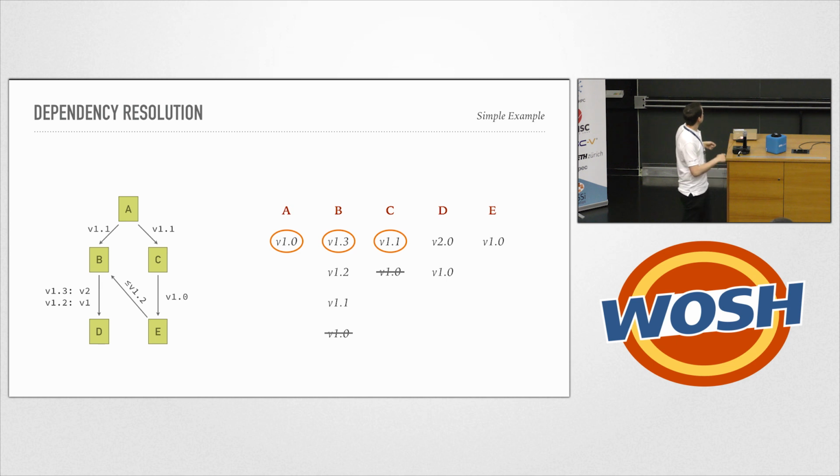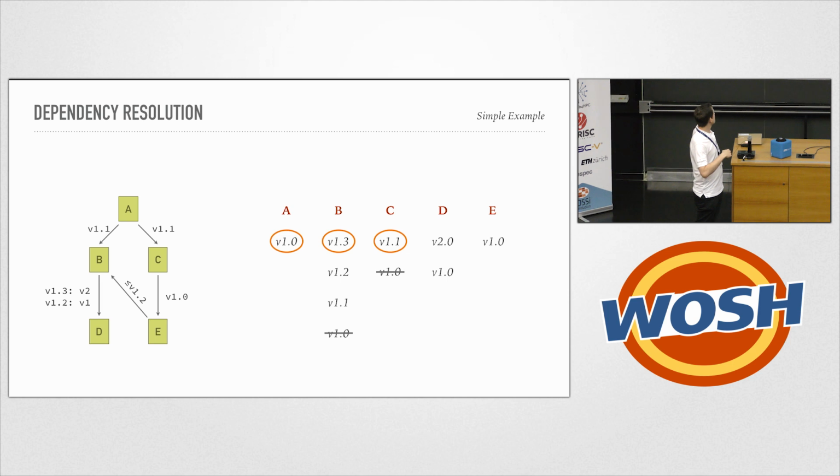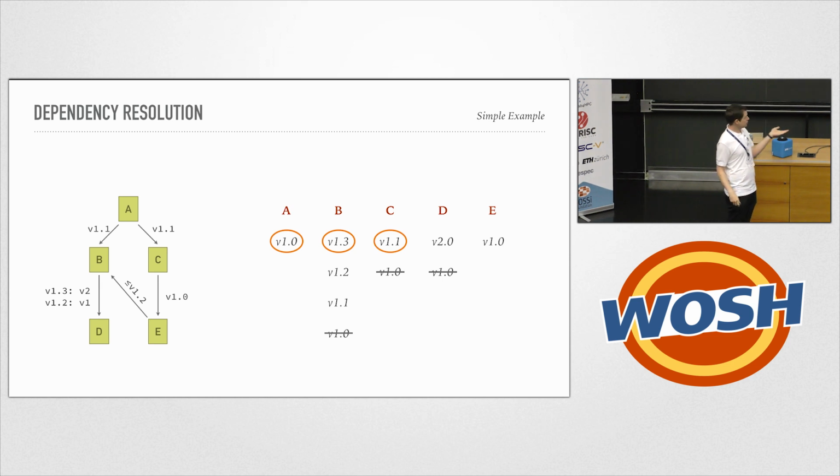Then we extend the dependency graph, we collect the repositories, and we make a list of the available IPs. In this case, D has a version 2, and E has a version 1. So again, we cross out unavailable options, and then we pick something.